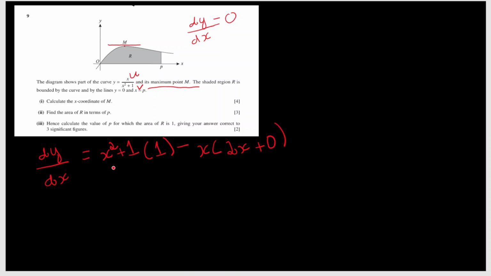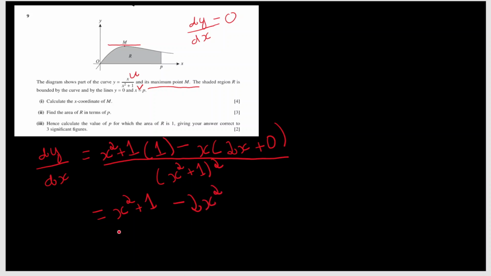So this is what we're going to get, and then in the denominator we're going to get v square, so x square plus 1 whole square. Both of them are going to get multiplied by 1 and are going to give the same, minus 2x square, over x square plus 1 whole square.